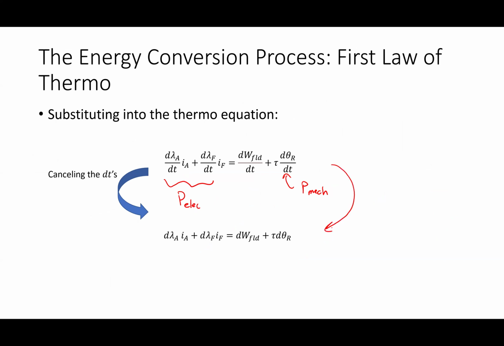Essentially, I multiply both sides by dt and get an expression that is a nasty looking integral. We said the energy is equal to the integral of IA d lambda A plus IF d lambda F minus tau d theta R.